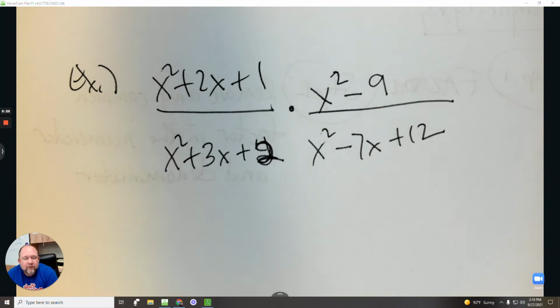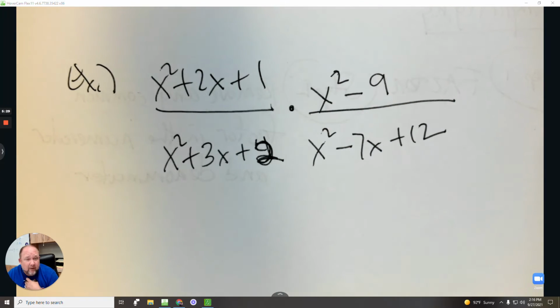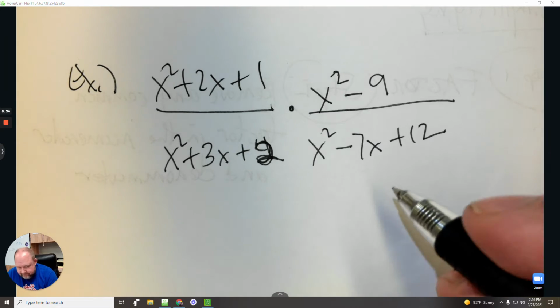All right, so write that down, and now we're going to practice simplifying this rational. So step 1 is to factor it. So if you need to press pause, do, and then press play.